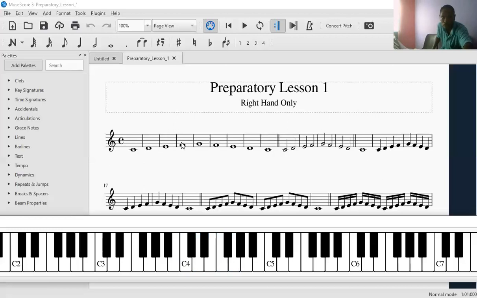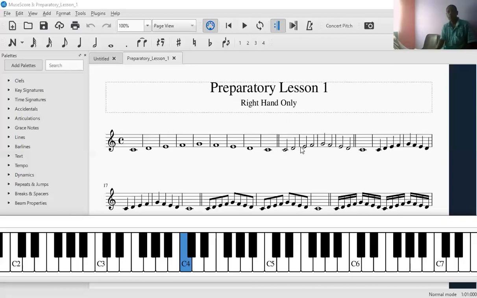The music is divided into bars or measures. Each bar or measure contains 4 counts. So if I have 2 counts plus 2 counts, it will be 4. A semibreve is 4 counts. And then the minim or the half note is 2 counts. Okay.